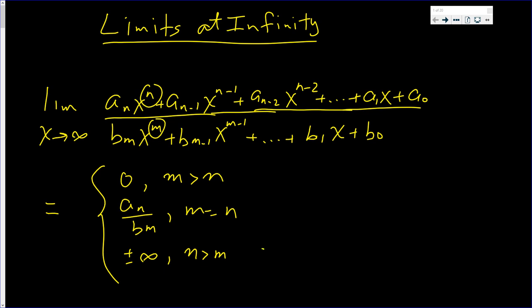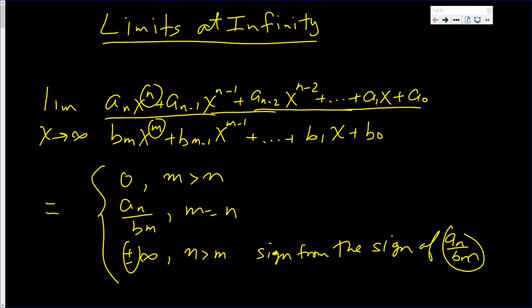And you get the plus or minus sign from the sign of a_n over b_m. If that fraction is negative, then it'll be negative infinity. If that fraction is positive, then it'll be positive infinity. Just divide those two numbers and use that sign.